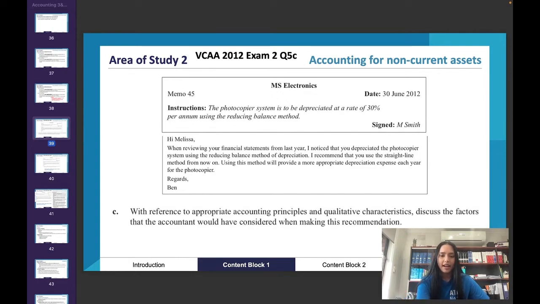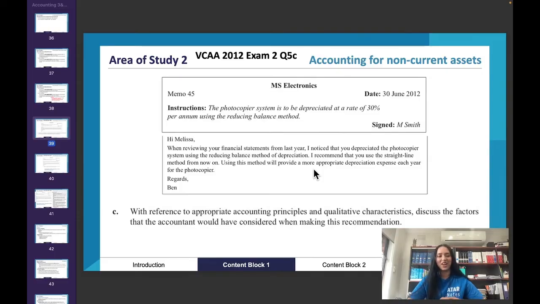And then the accountant has reached out to the business and said that the business is planning to use the reducing balance method, but the accountant recommends that the business uses a straight line method because this will provide a more appropriate depreciation expense each year.